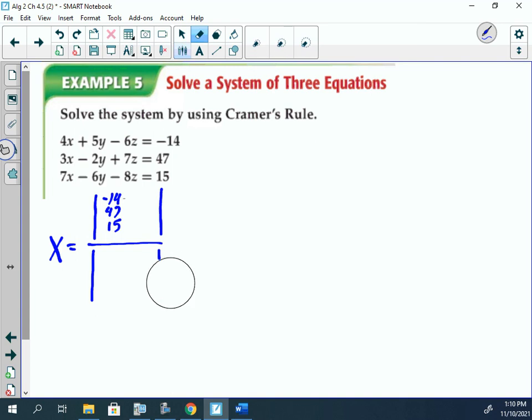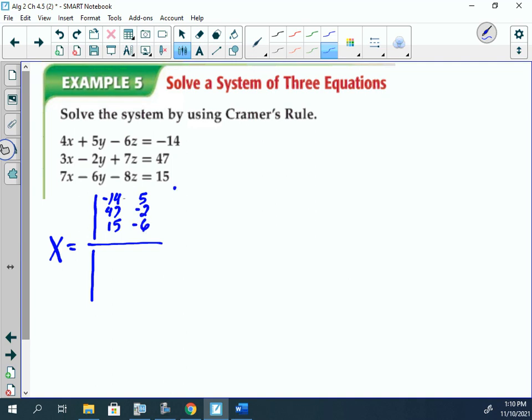I'm going to need a little more space. Then we would have 5, -2, -6, -6, 7, -8. On bottom, we'll have 4, 5, -2, -6, -6, 7, -8.